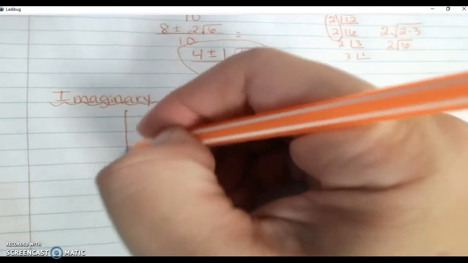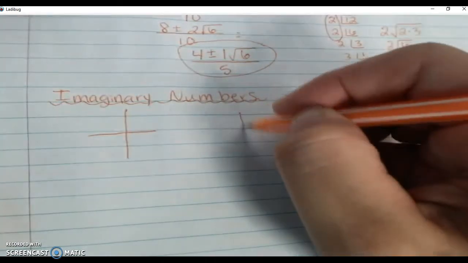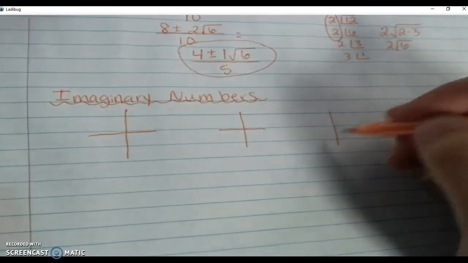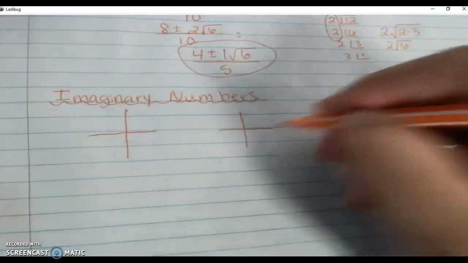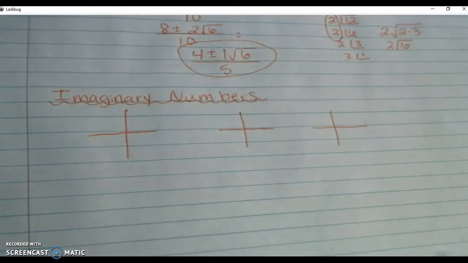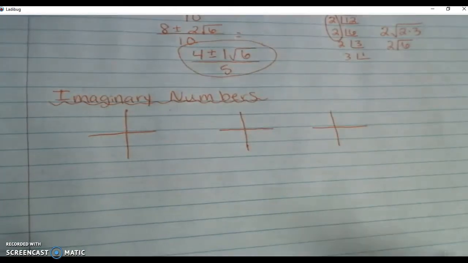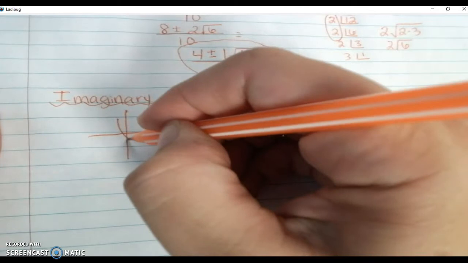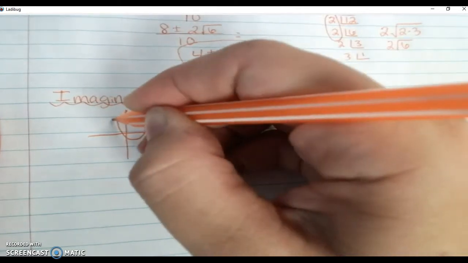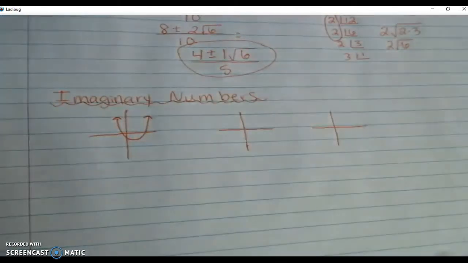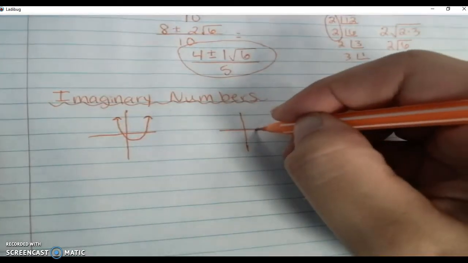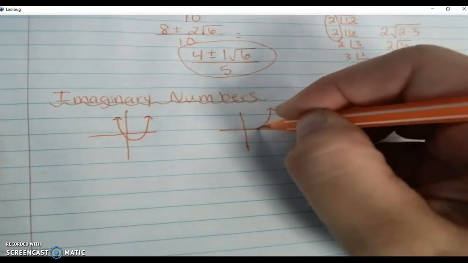So let's quickly just draw 3 graphs here. So one of them, let's say, looks like this. One of them looks like this.